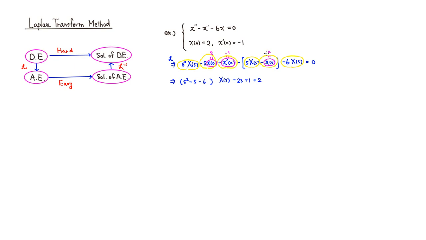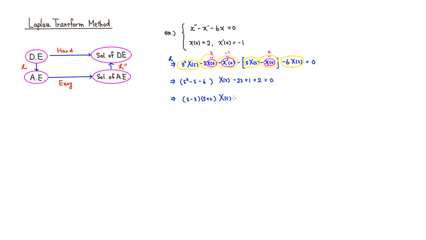So we can simplify it. I'm going to factor this out, so you're going to have equals 0. Forgot to write that. If you factor this out, this is going to be s minus 3 and s plus 2, times capital X of s.